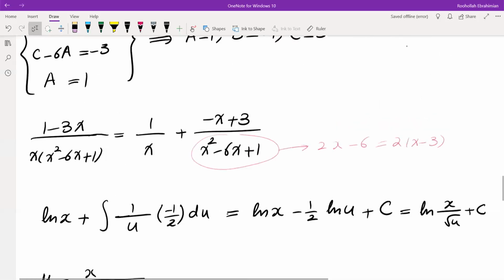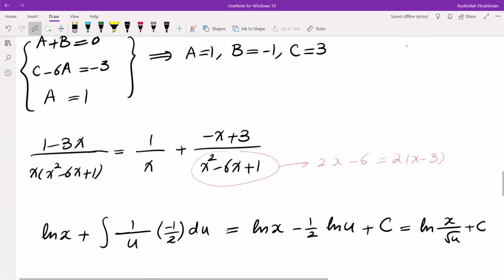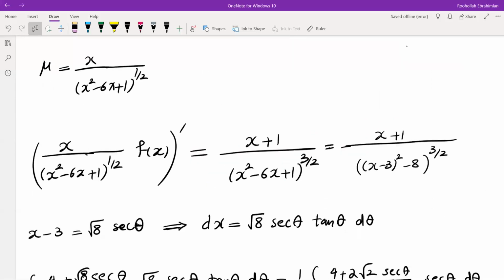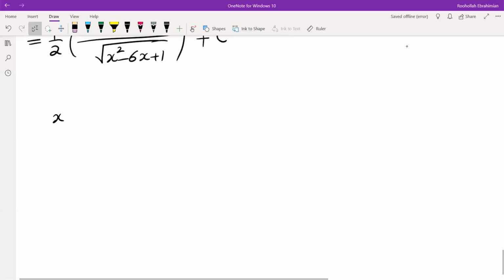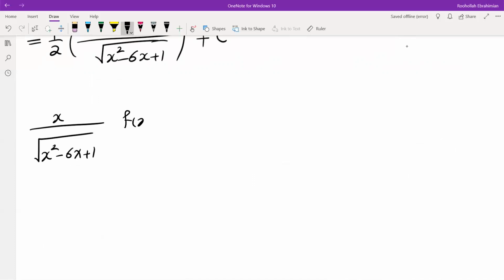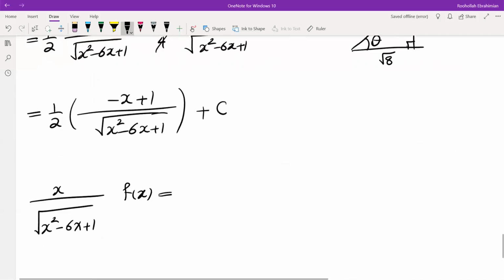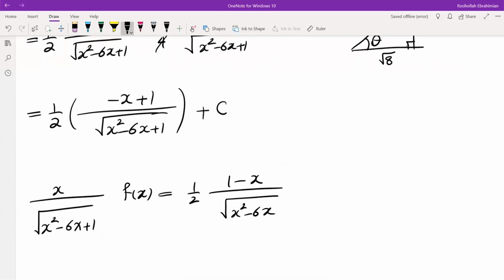So bottom line, I get x over square root of x squared minus 6x plus 1 times f of x equals this entire thing I found here: 1/2 times 1 minus x over root x squared minus 6x plus 1, plus a constant.